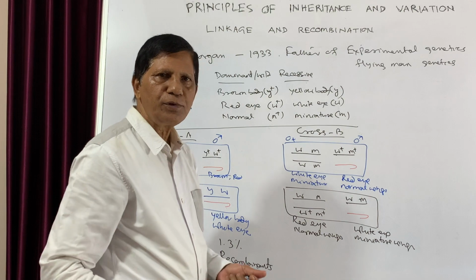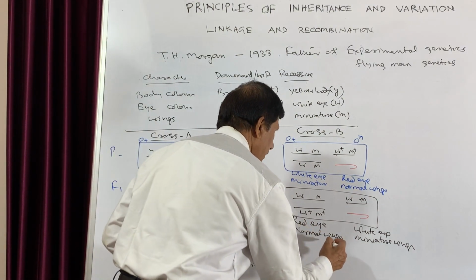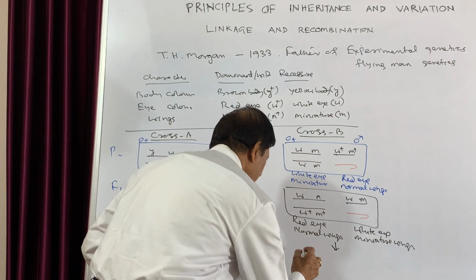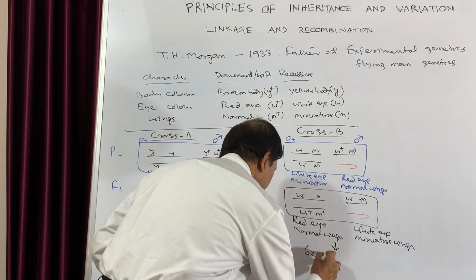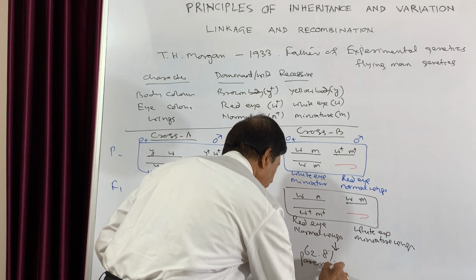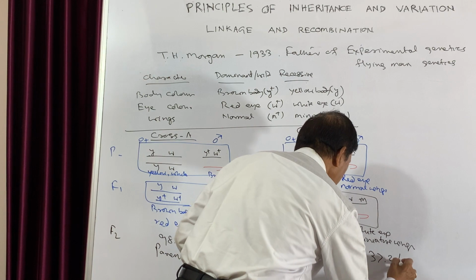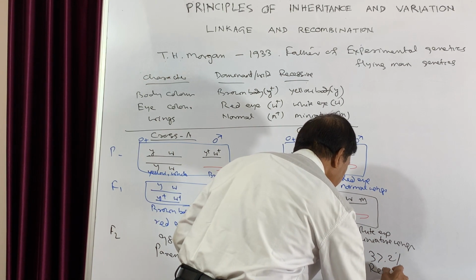Now in the F2 generation, what happened? In the F2 generation, the parental types were 62.8%. While the recombinants were 37.2%.